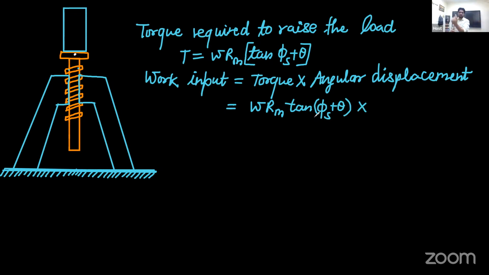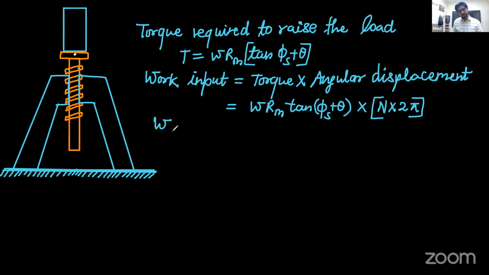Let's say we are doing n number of revolutions. Then angular displacement will be 2 pi, and then again 2 pi, and so on, so the total angular displacement is n multiplied by the angular displacement in one turn of the screw. n is the number of times the screw has been rotated to lift the load, and 2 pi is the angular displacement in one revolution.